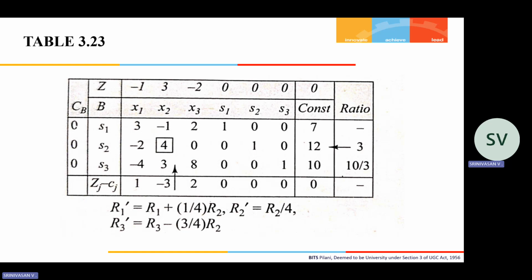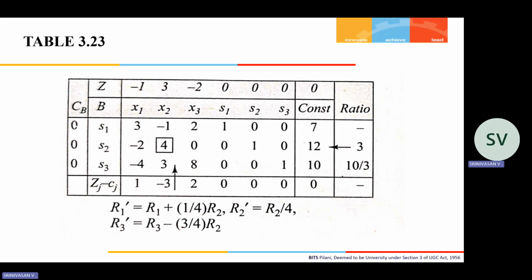So what is the pivot column then? Second column, isn't it? That is the column corresponding to the variable x2, which means that x2 will enter into the basis. In the sense, this non-basic vector x2 will become a basic vector, which means it should replace S1 or S2 or S3.